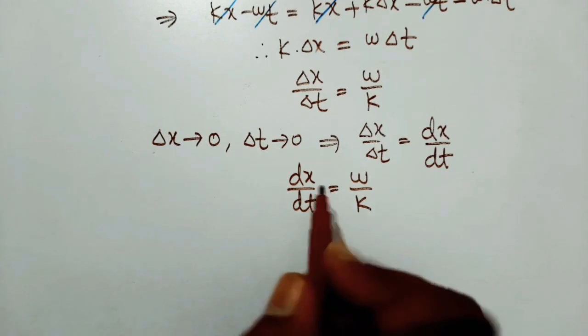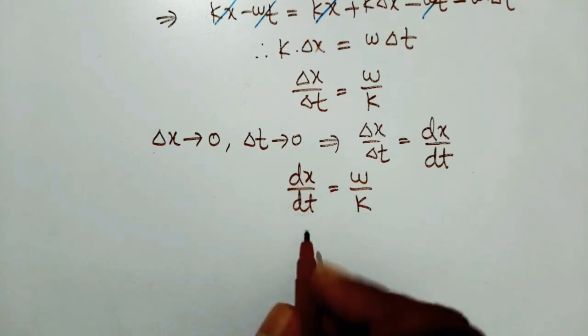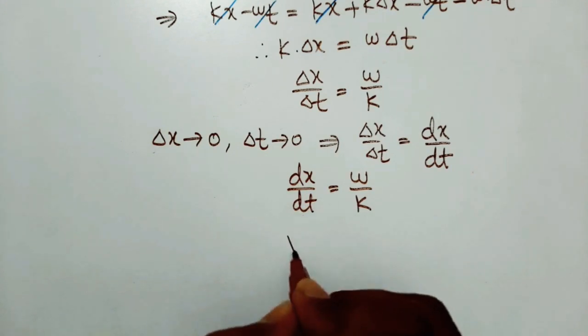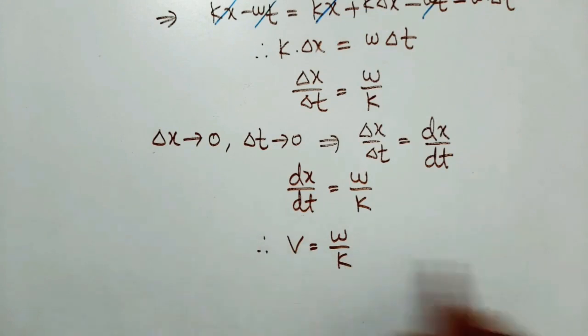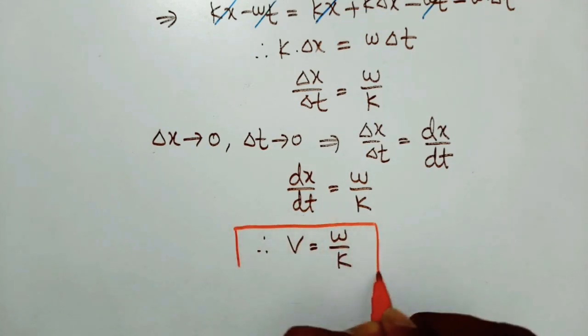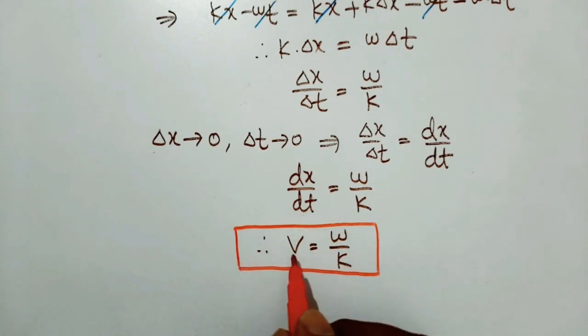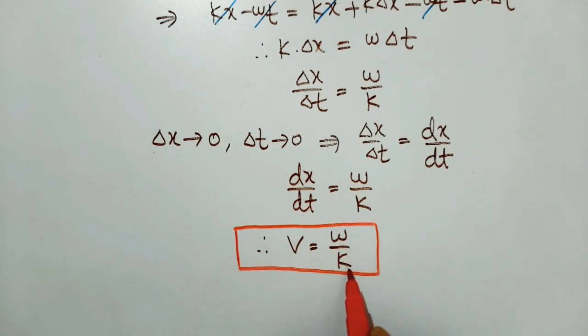We know that the rate of change of displacement, dx by dt, is speed. That is, v is equal to omega by k. So therefore the speed of a wave v is equal to omega by k. Here v is the speed of the wave, omega is the angular frequency, k is the angular wave number.